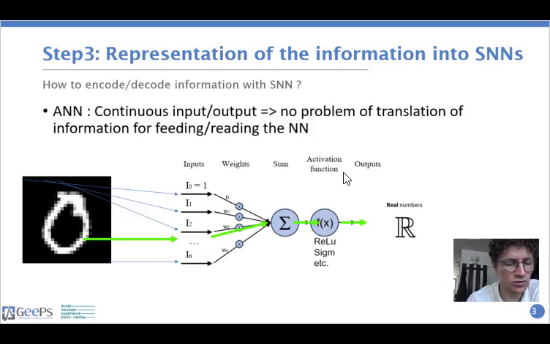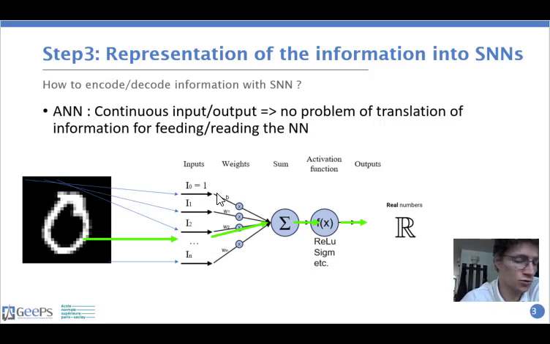So most of the time there's no problem of translation of information, because the input data is also real continuous numbers. For instance, with this 0 from the MNIST dataset, you can directly feed it into the neural network.